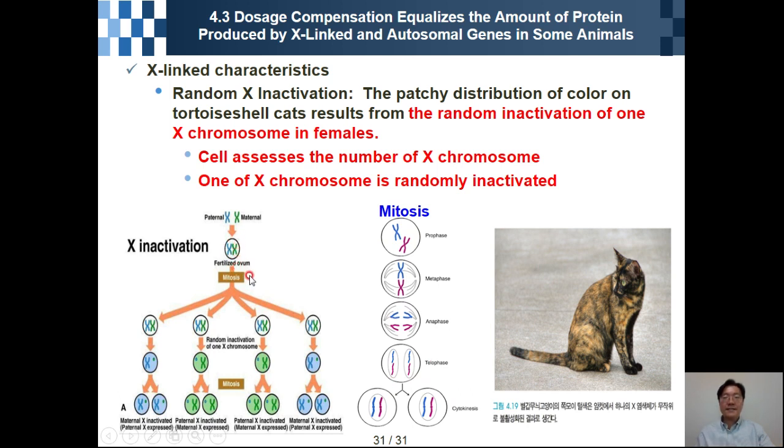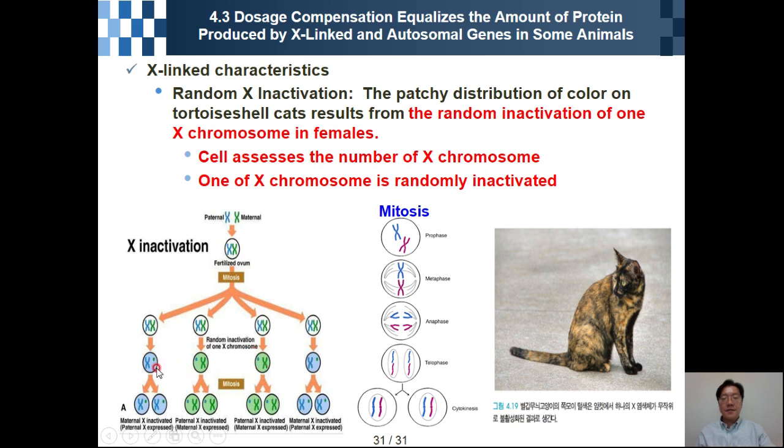After 2 successive mitoses, one cell becomes 2 and 2 cells become 4. In this cell, the X chromosome from the mother is randomly inactivated. In this cell too, the X chromosome from the mother is inactivated. And in this cell, the X chromosome from the father is inactivated.